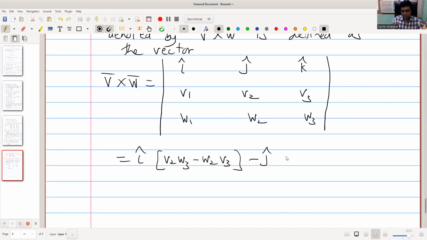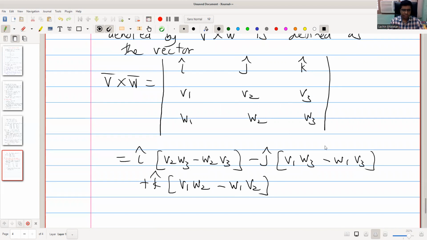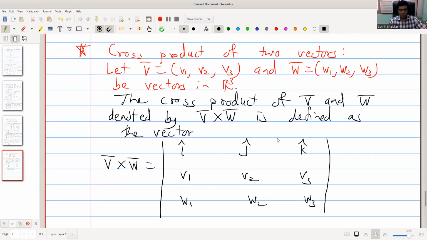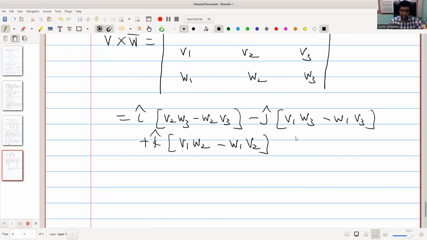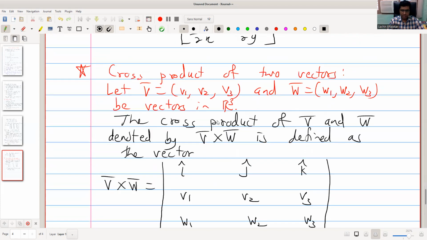Okay, this is the determinant of a 3 by 3 matrix, minus j hat into v1 w3 minus w1 v3, plus k hat into v1 w2 minus w1 v2. Okay. This is the cross product of two vectors and it is again a vector in R3.